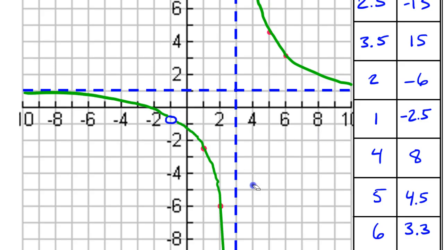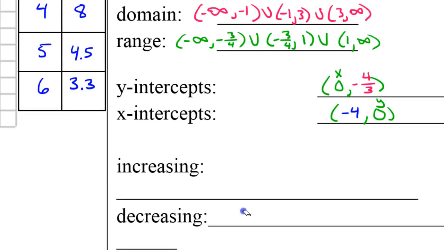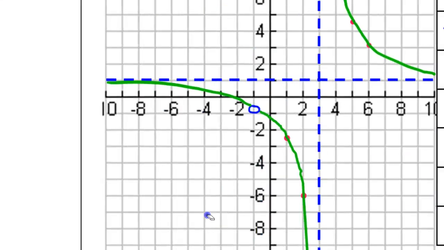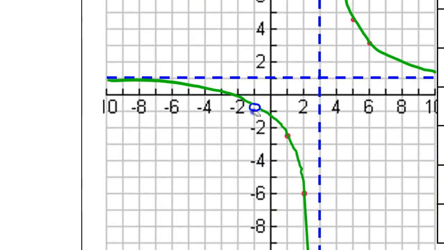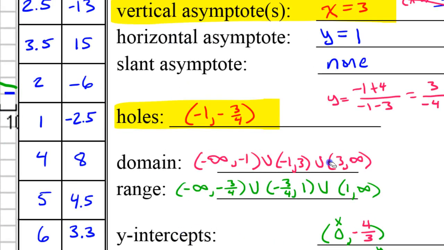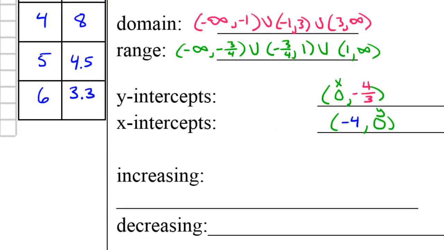Since the whole graph is decreasing, the decreasing interval is going to be the same as the domain. But please notice, because I have a hole, I'm not just going to say -infinity to 3. I'm going to say -infinity to -1, and then -1 to 3. I still have to break it up. So the decreasing part is just going to be the domain all over again, because the entire graph is decreasing.